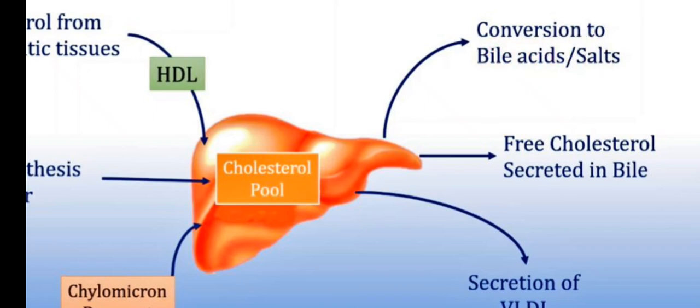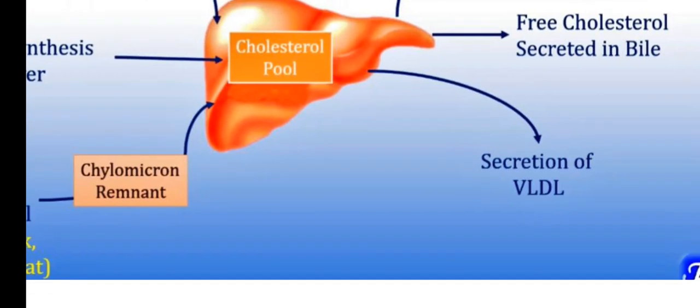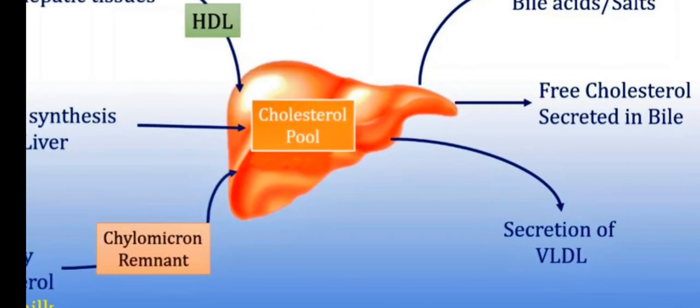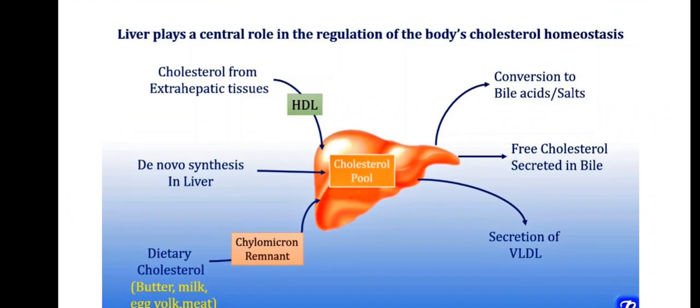I'll talk about the difference between the two because there's a difference between bile acid and bile salts. Then this cholesterol can also be excreted in bile. Apart from that, it can be secreted in VLDL, very low density lipoproteins. So this is how the liver balances or maintains homeostasis of cholesterol in the body.